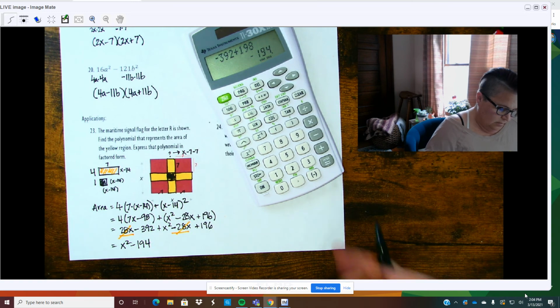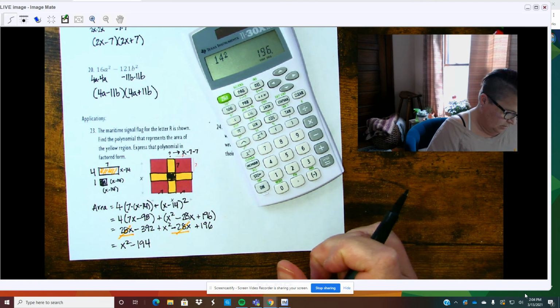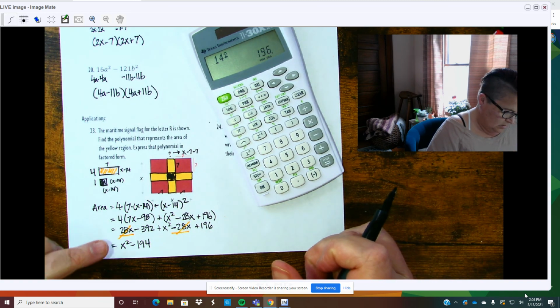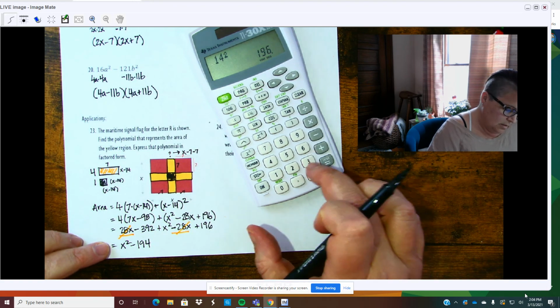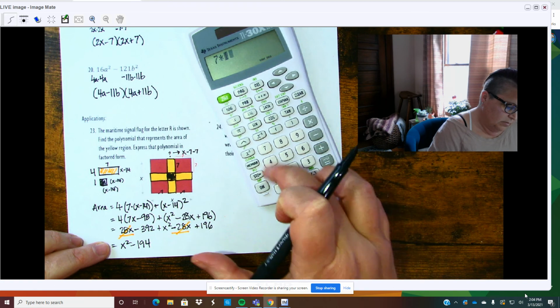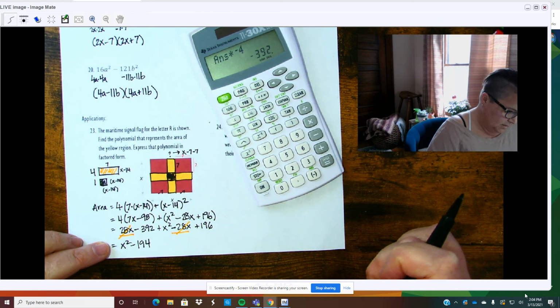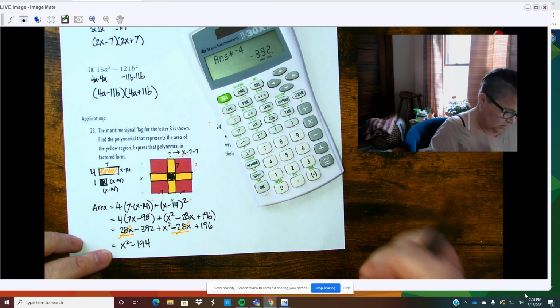Let's make sure 14 squared is right. Yep. So then I do 7 times 14 is 98 times a negative 4 is negative 392.